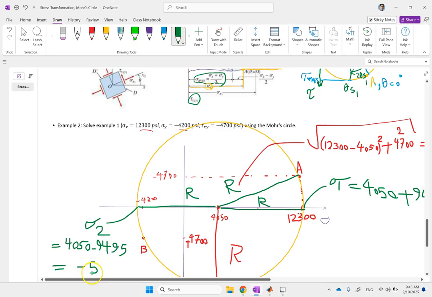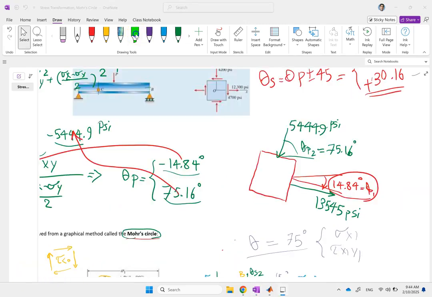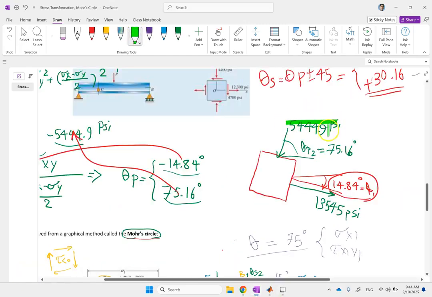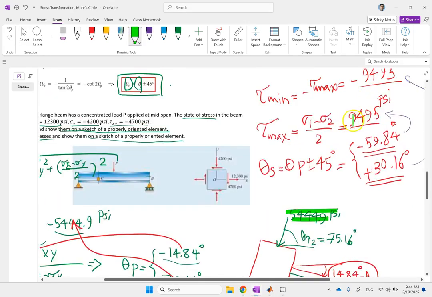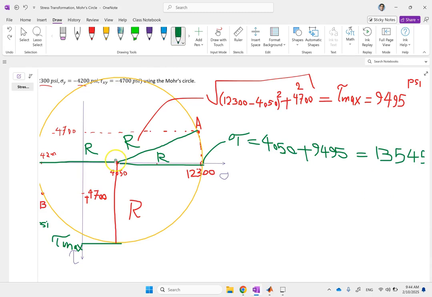So it should be negative 5,445 psi, and that is the same as my sigma 2, as you can see over here. So that is this number, and the other one is this number. Okay, so you see that we got all of this, and you know tau min is clearly negative tau max, right? Because again, this is r as well, this line. Use a different color, so this one is also r, so it's just going to be negative 94.95.